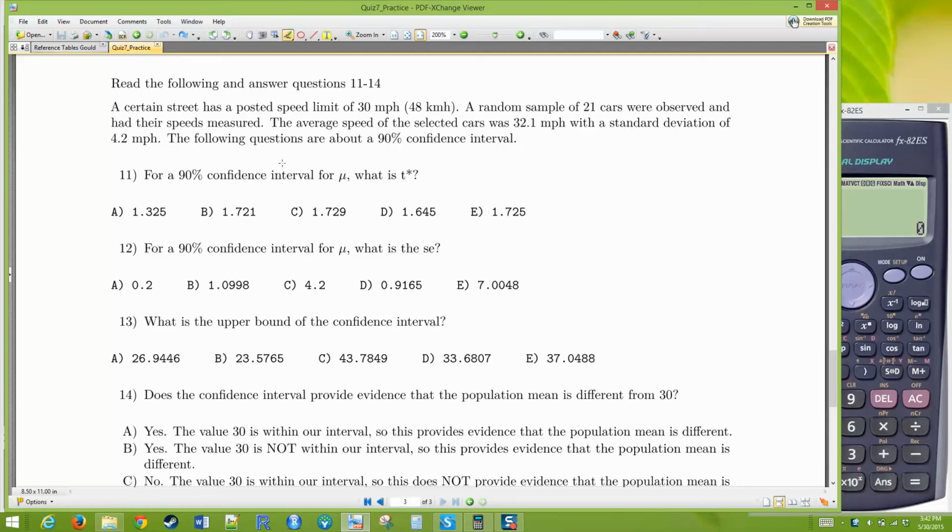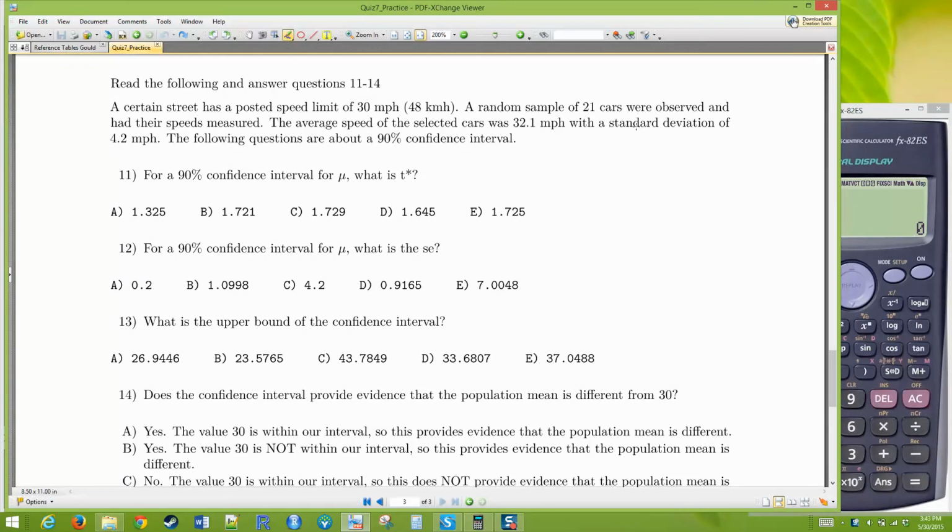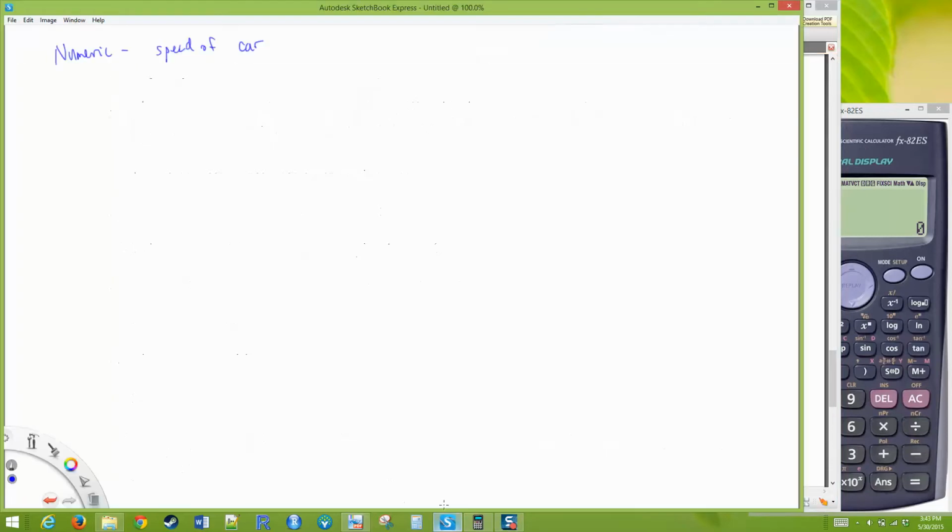Okay, so let's just do a quick review. Here we are dealing with a numeric variable again, which is the speed of the car. And we have taken only one sample of 21 cars. So numeric variable, one sample. And the questions say we're going to deal with a confidence interval.